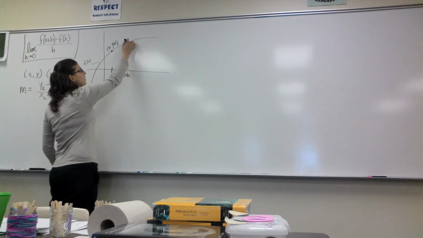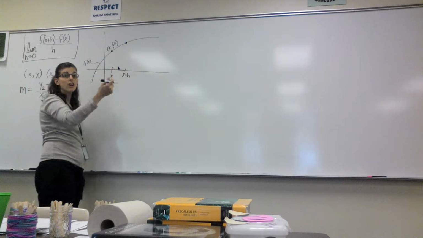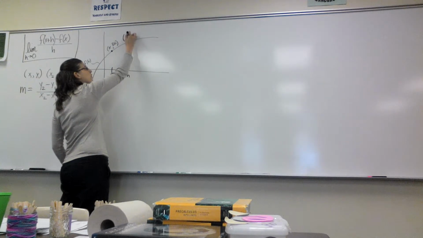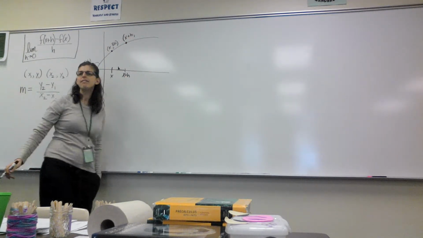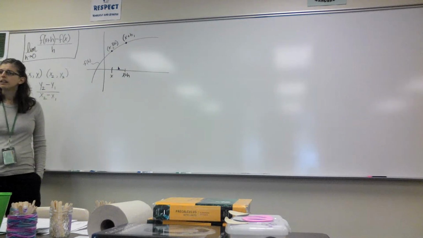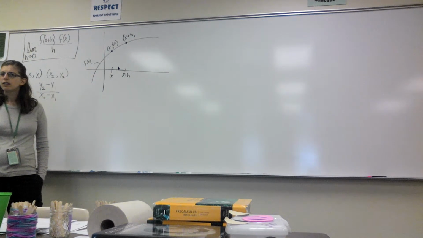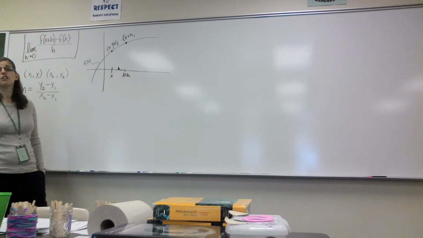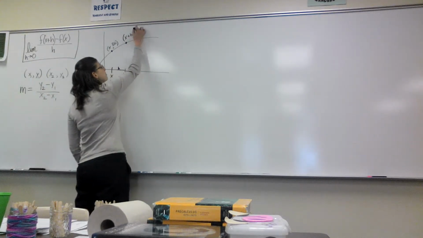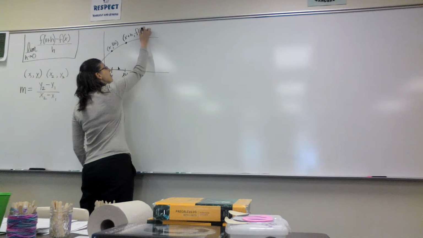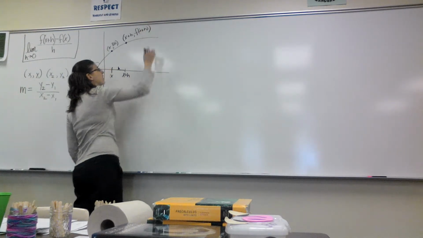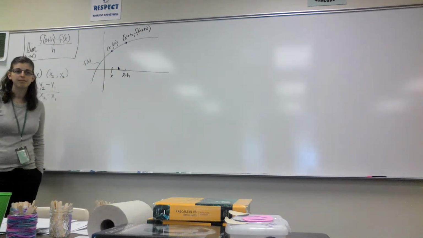The y value that goes with that, the ordered pair, would be x plus h for the x value. What would the y value be that goes with that? Whatever f of x plus h is. Very good. So x plus h is your x value. f of x plus h is the y value, or height, that goes with that.